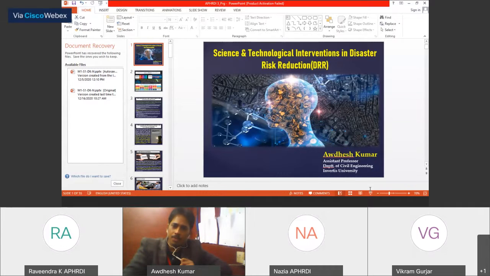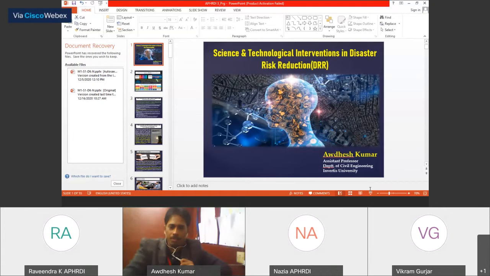This accelerated the pace of risk reduction all over the world, and most of the nations are following the guidelines provided by this framework, and they have made their own frameworks.